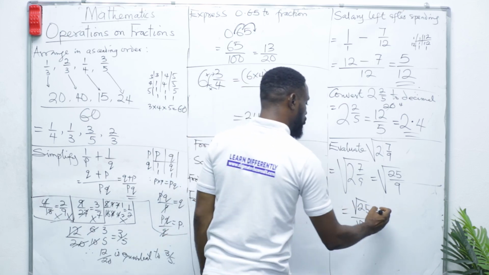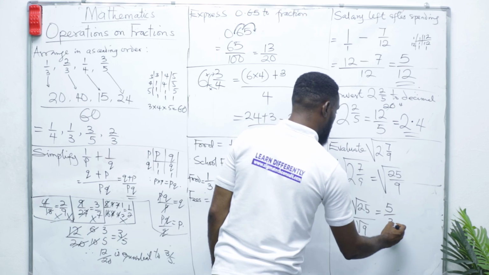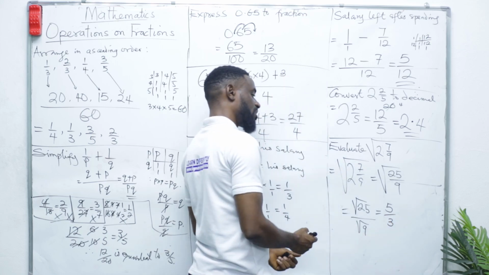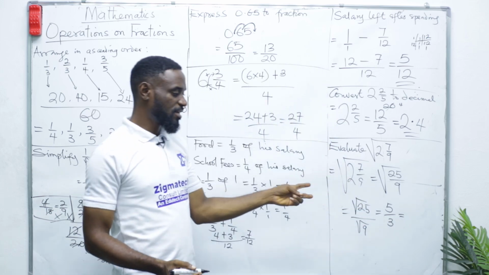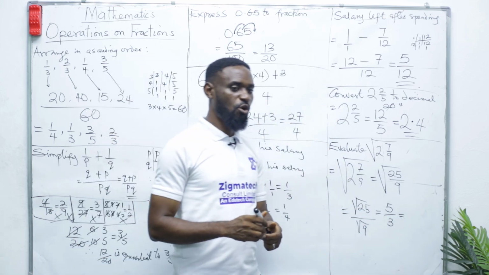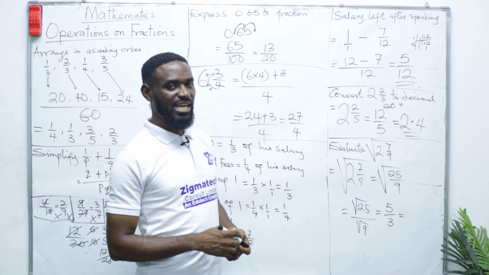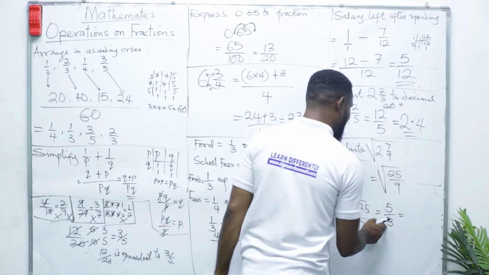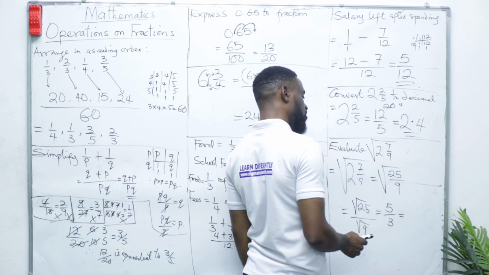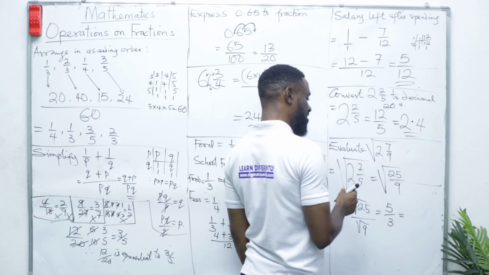Root of 25 you know is 5, while root of 9 is 3. Now, this is 5 over 3. It is an improper fraction. If you check your options, no one carries 5 over 3 because they expect you to simplify this into a mixed number. So 3 into 5 will give us 1, remainder 2.